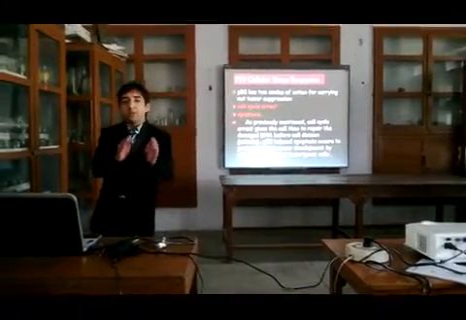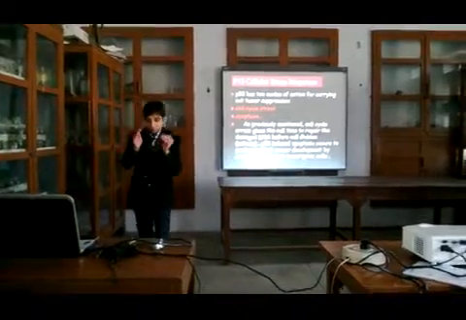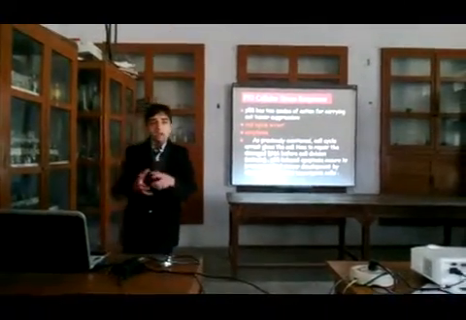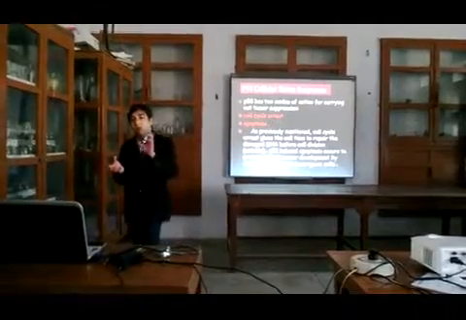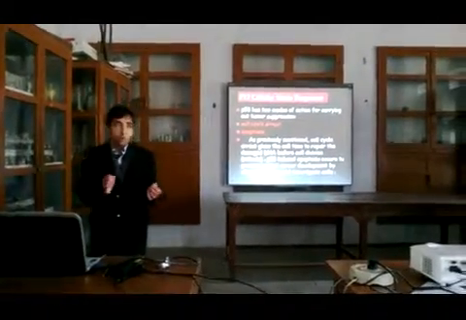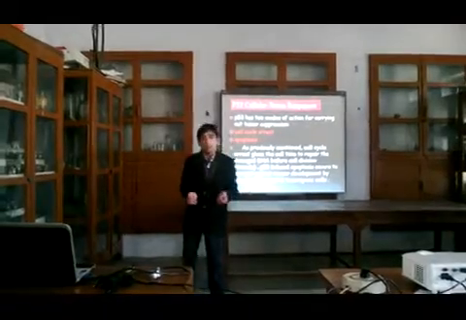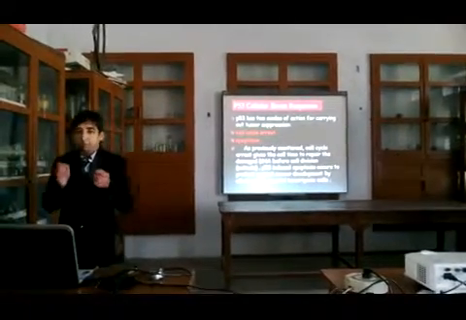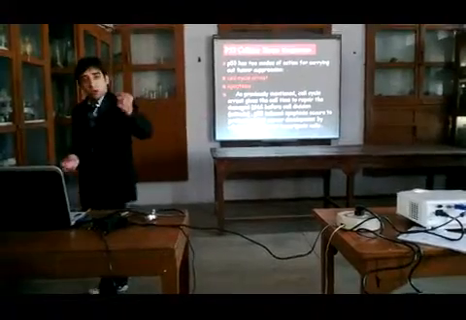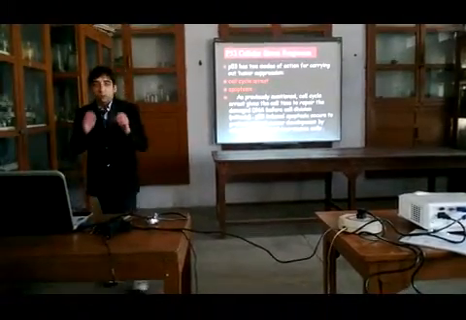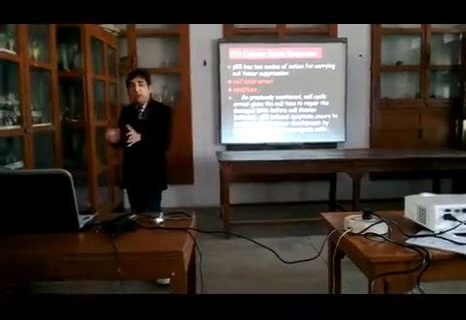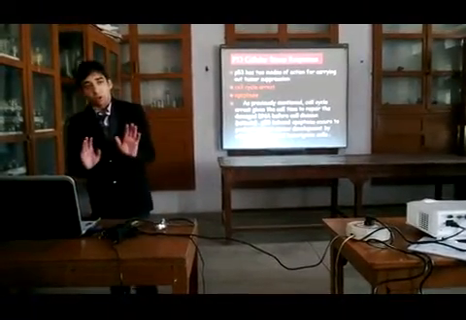When P53 identifies the mutation, it binds and releases certain factors that bind to the CDKs, suspend them, and activate the DNA repair mechanism.